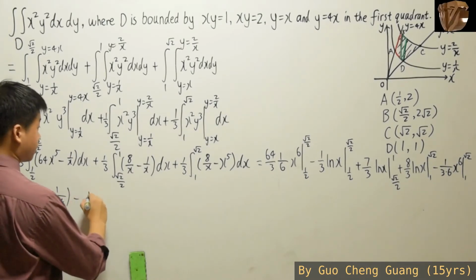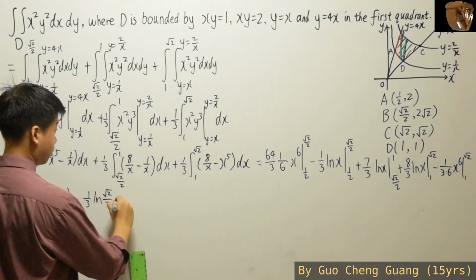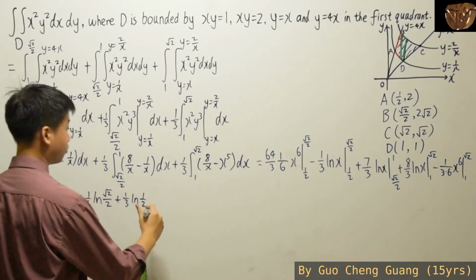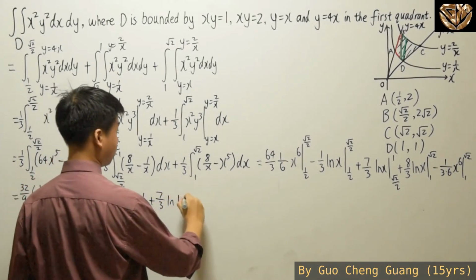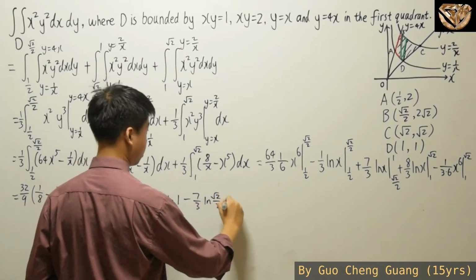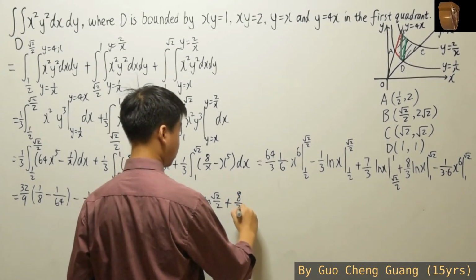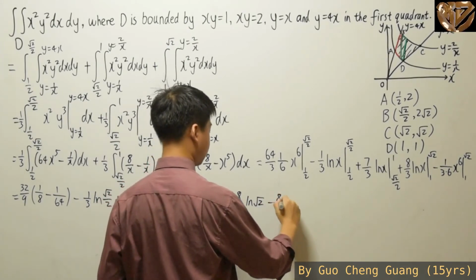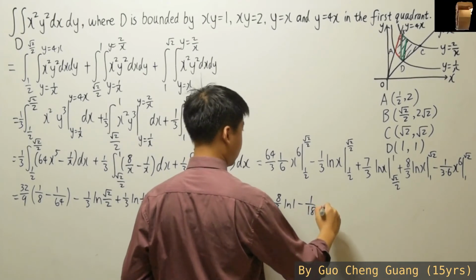And then minus 1 over 3 ln square root 2 over 2 plus 1 over 3 ln half, then plus 7 over 3 ln 1 minus 7 over 3 ln square root 2 over 2 plus 8 over 3 ln square root 2 minus 8 over 3 ln 1 minus 1 over 18.